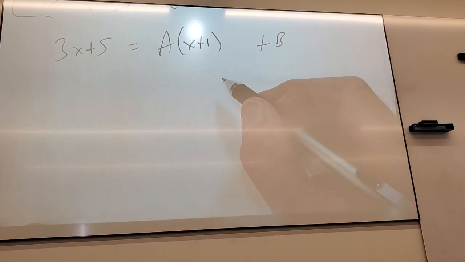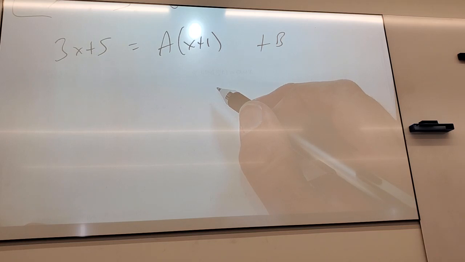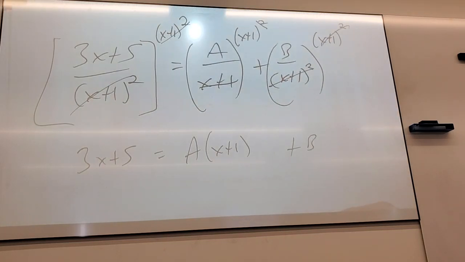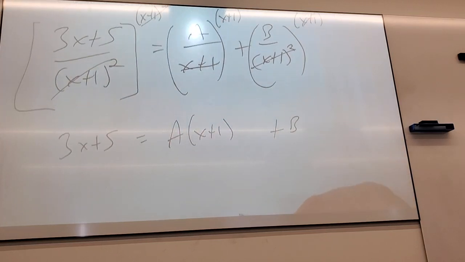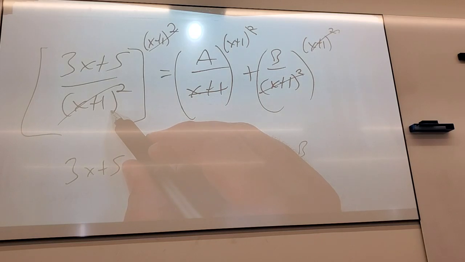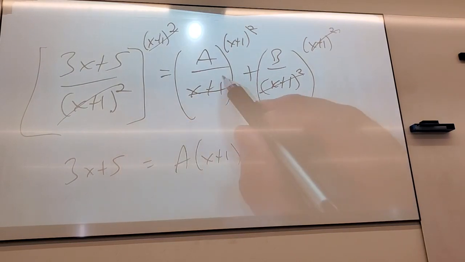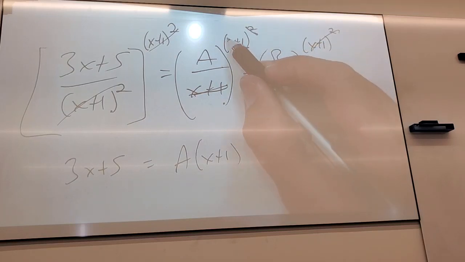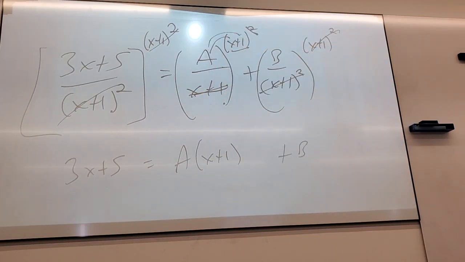What do I do from here? How did you get the A times x plus 1? So I multiply by 2 x plus 1's, yes? And A had 1 on the bottom. So one dies, the other one's still alive. Here, both of them die because they had 2 and it can multiply by 2.